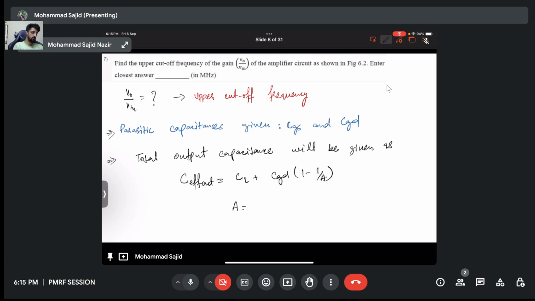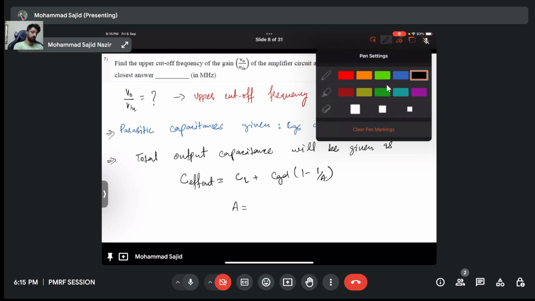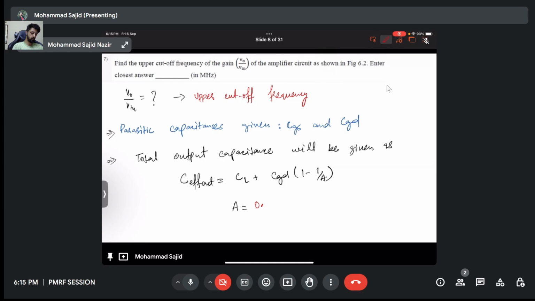A, which will be given by V naught by V in. We will equate it, and it will come out to be 0.82, should be minus.